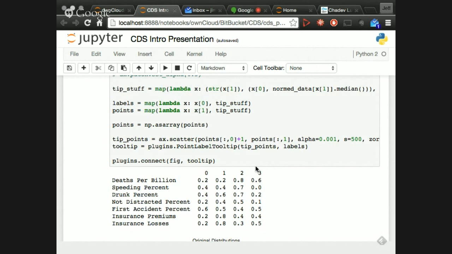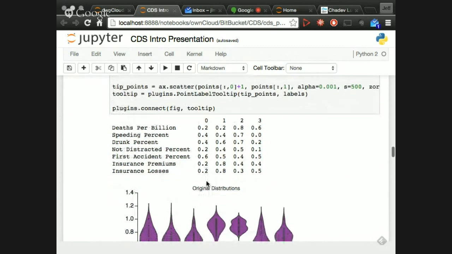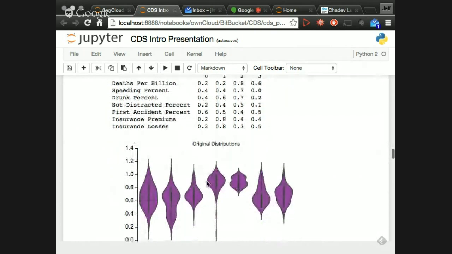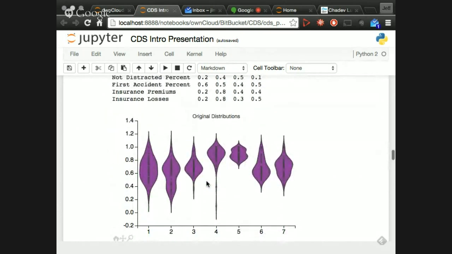So we can look at cluster numbers 0 through 3 and see what percentile they are in based on the national data. The mean of cluster 0 in deaths per billion is in the 20th percentile nationally. That could definitely be some useful information. You could probably make a neat little article about that or something.